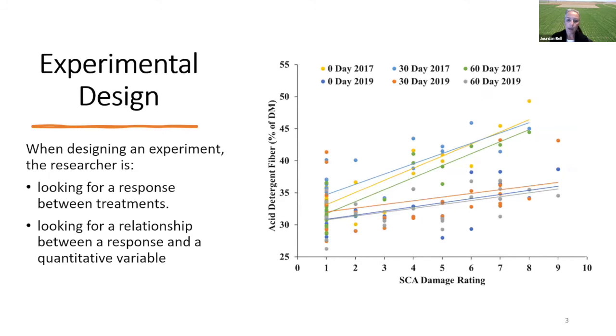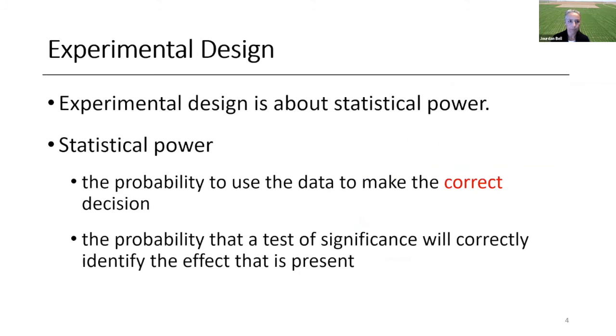And we were looking at silage value, or the nutritive value of silage, and how sugarcane aphid pressure impacted the nutritive value of silage. And so here we have this relationship. We also have ensiling duration. And so there's lots of different factors that can be applied when we are designing an experiment, but we are able to draw these relationships between two variables. And so it can become very meaningful if the project is designed properly.